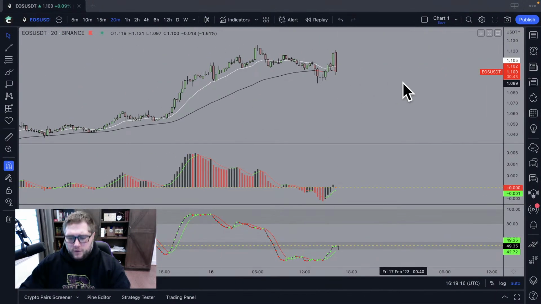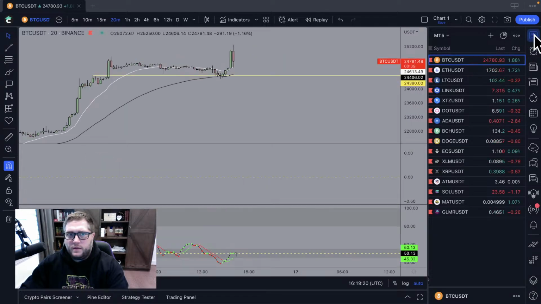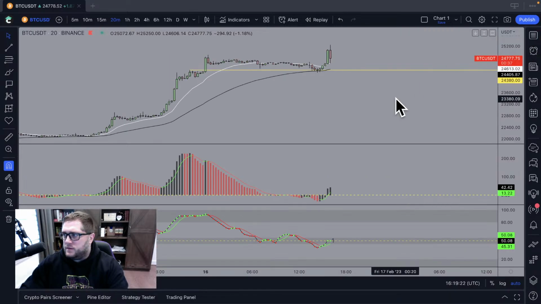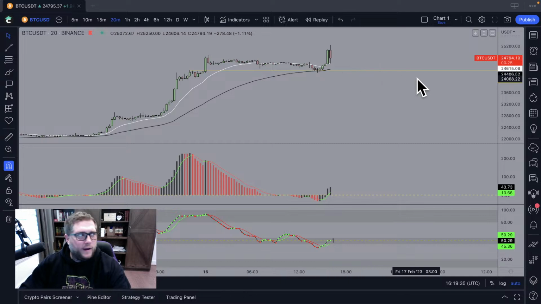If you monitor the top coins, Bitcoin, Ethereum, Litecoin, and the big ones, you won't have to monitor them all, because usually these lead the way of whatever's going to happen, a sell-off and stuff like that. Not all the time, but most of the time.